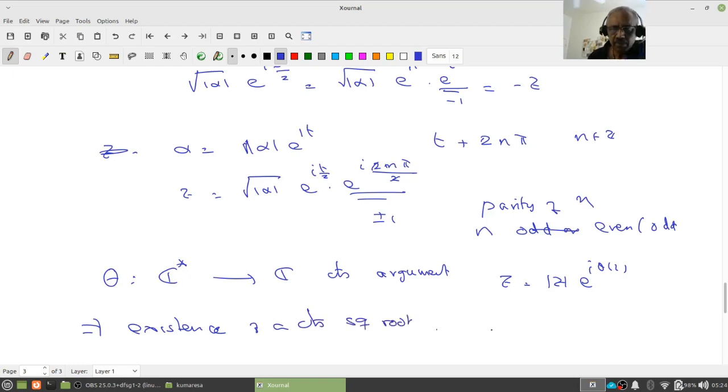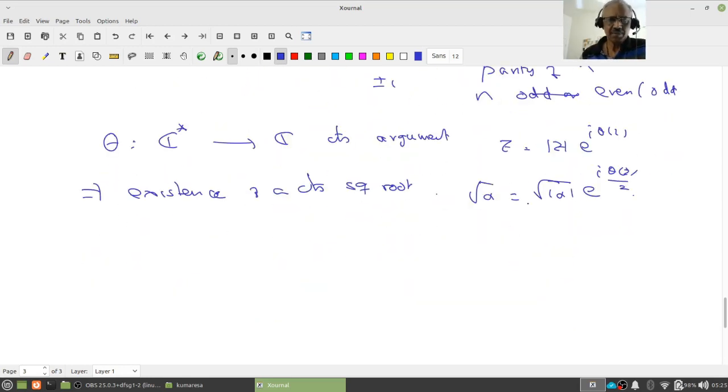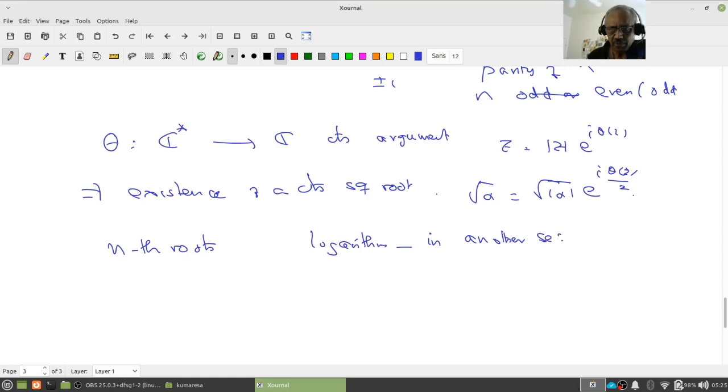How will I do it? The square root of alpha I can define to be square root of mod alpha into e power i theta of alpha by 2. Have you understood? So similarly nth roots, also the logarithm, but that will be in some other session. I will come to that, don't worry about this.